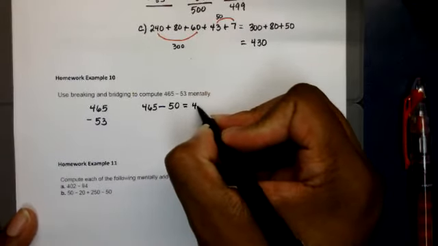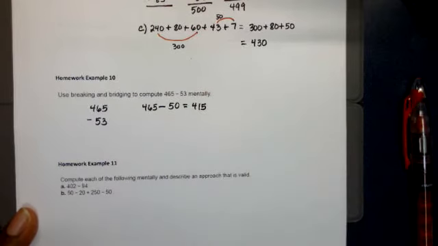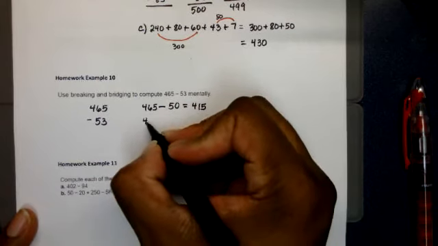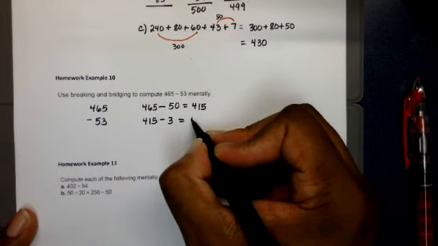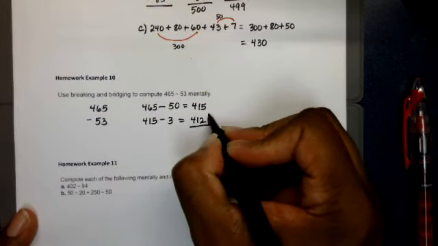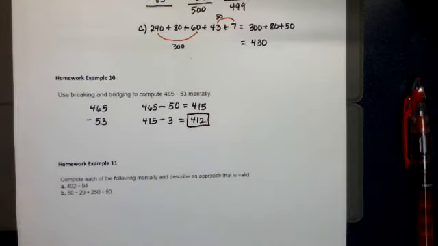That would be 415. And then 415 minus the 3 would be 412. So in this case, 465 minus 53 will end up being 412.